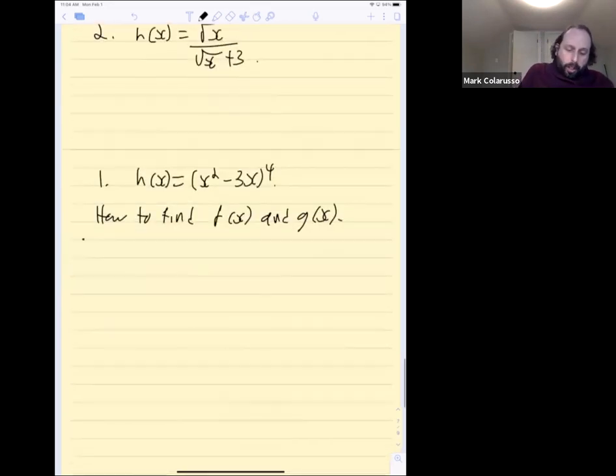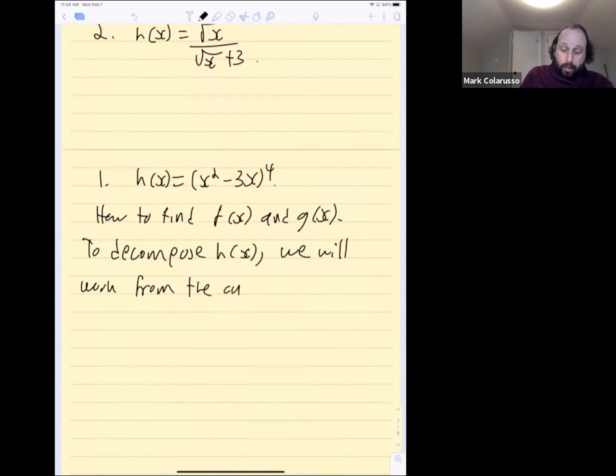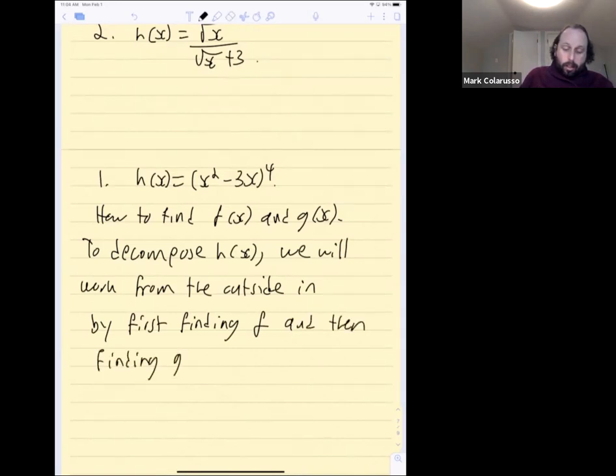So to decompose h, we will work from the outside in by first finding f and then finding g, so that h at x is f at g at x.